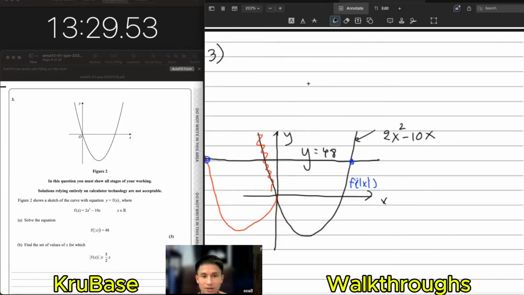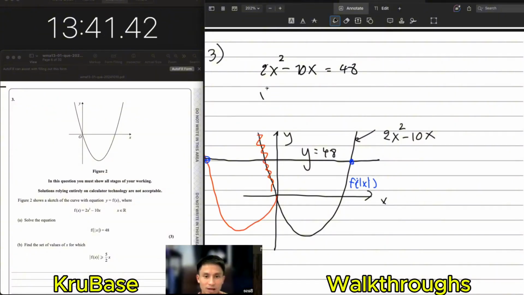Okay, yeah, that's my curve. So I'm going to solve for this part, 2x squared minus 10x equal 48, because I want to know where it cuts the line here, yeah? So simplifying by dividing through by 2, I get x squared minus 5x, and 48 divided by 2, I get 24. Move it to the left, I get minus 24.